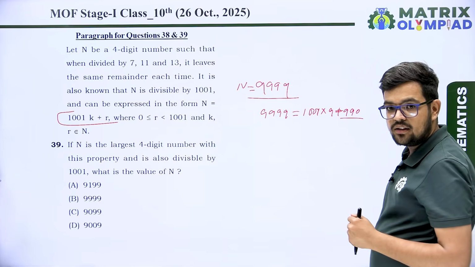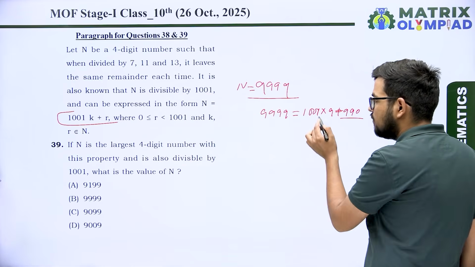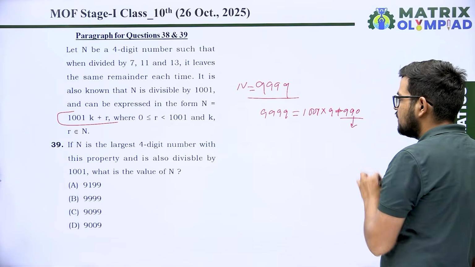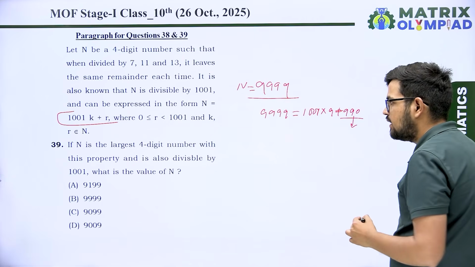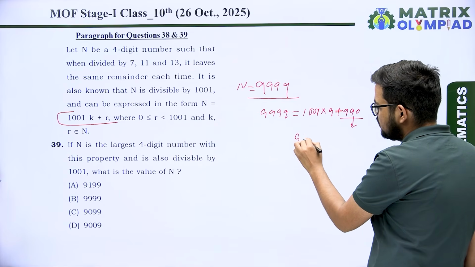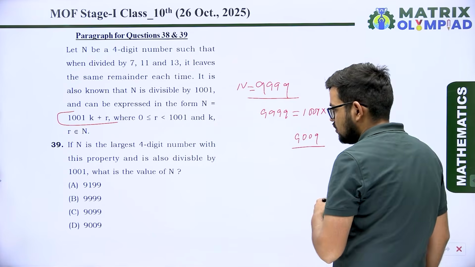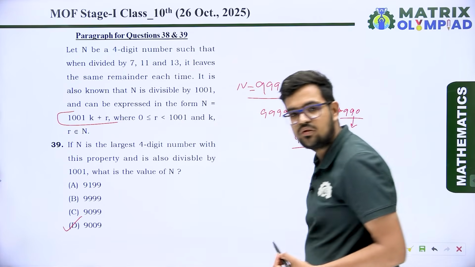If you want to find which number is divisible by 1001, you have to subtract the remainder. So when you subtract 990 from 9999, you will get 9009. So the correct answer is option D, 9009.